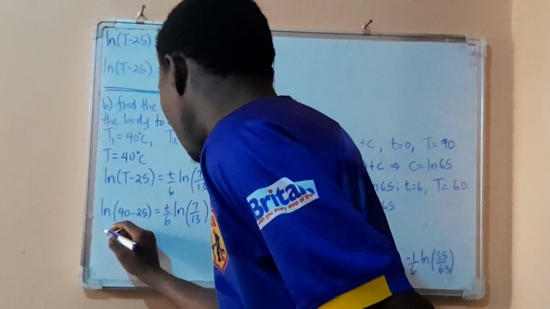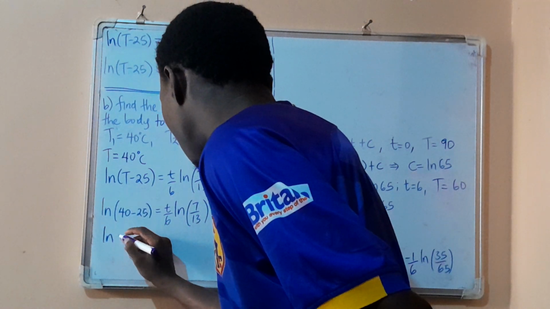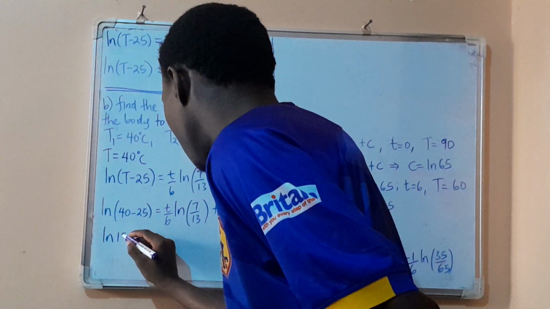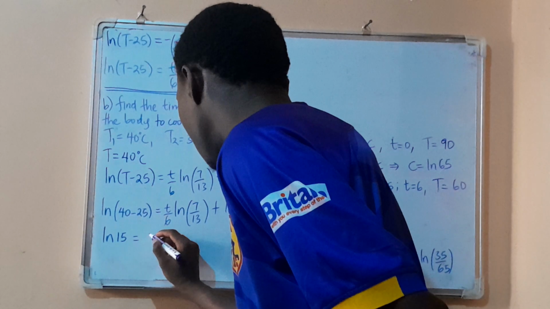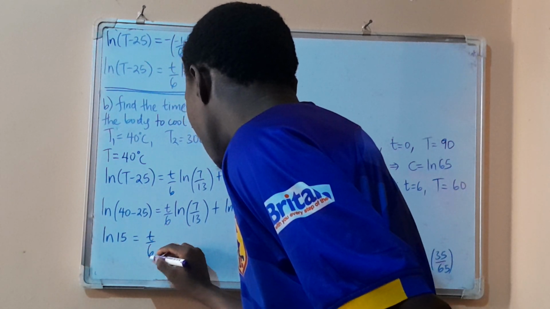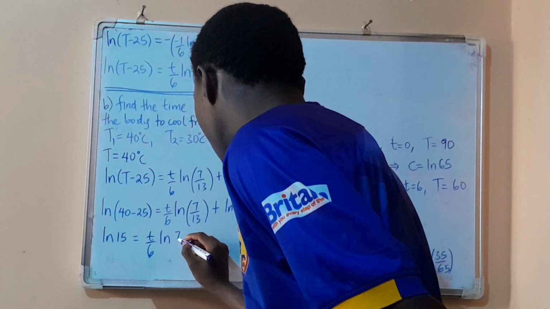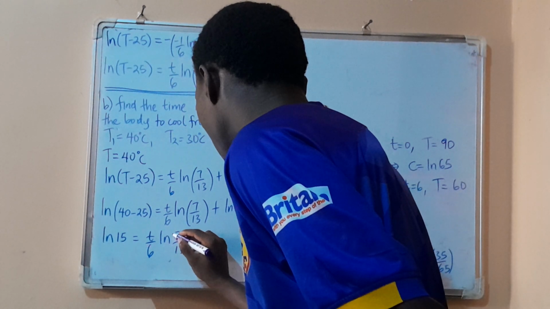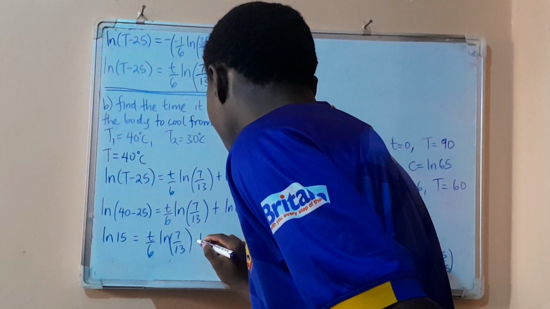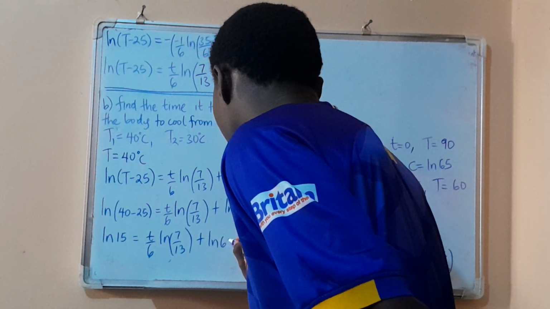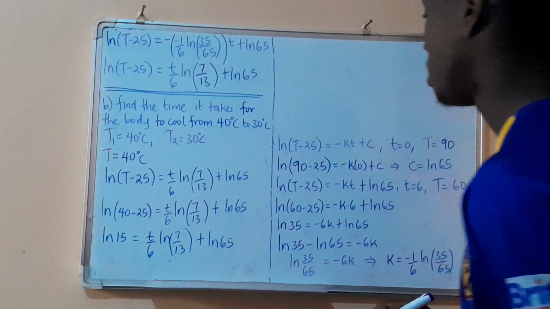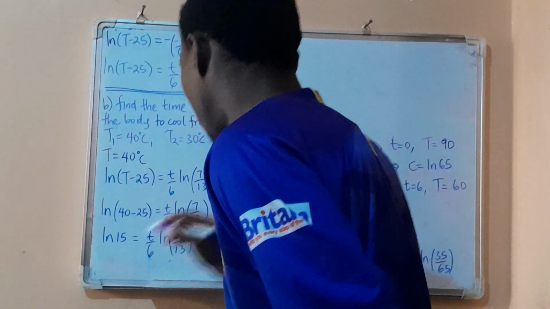So if we subtract here, we get log 15, I think. Log 15 is equal to T over 6 log 7/13 plus log 65. So bring this aside.